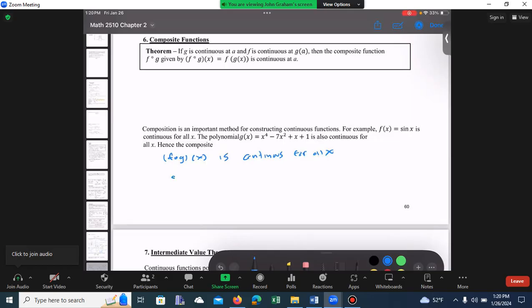So that means sine of x to the fourth minus 7x squared plus x plus 1, and sine of x to the fourth minus 7 times sine x squared plus sine x plus 1, are continuous.